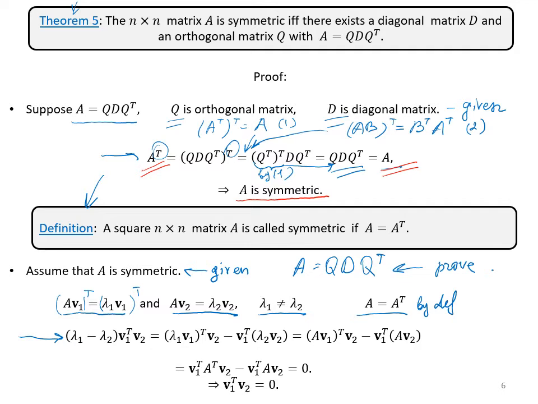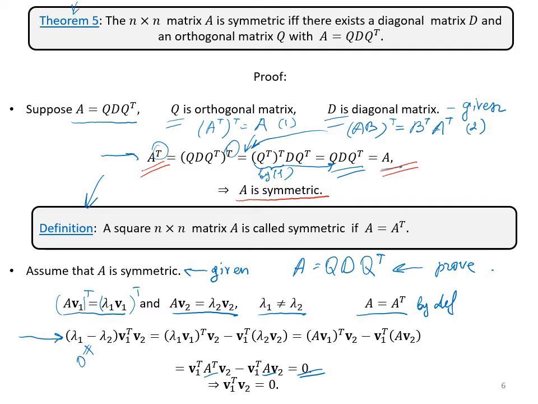And we can get that this difference should be equal to 0, and we recall that transposed matrix A equals matrix A, and we should also remember that lambda 1 and lambda 2 are distinct eigenvalues, which means that the difference doesn't equal 0.